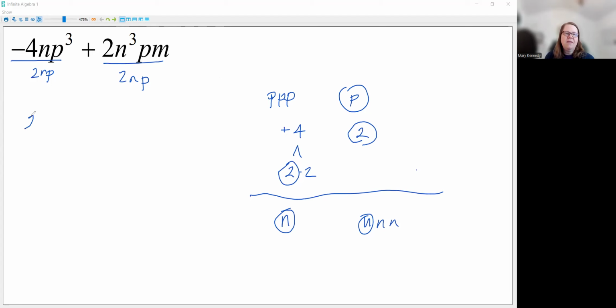So the way that you write the factored form is whatever you're dividing out, whatever you've got in common, your greatest common factor, we write that in front. So for this one, that's 2np. And then you're going to divide the numbers. So -4 divided by +2, that's -2. And then you're going to divide the variables, but you do that by subtracting the exponents.